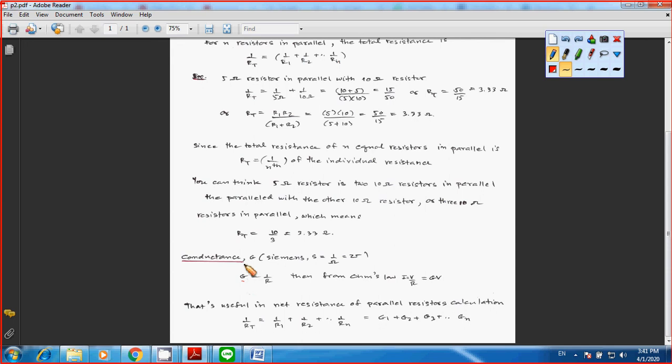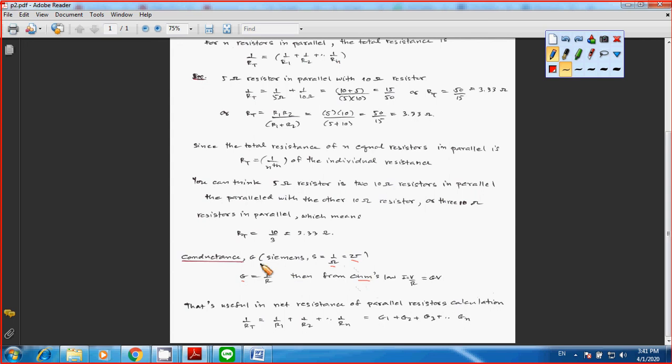They represent conductance by G, and the unit is the Siemens, which is 1 over ohms. Instead of 1 over ohms, we call the unit of G the mho, which is ohm spelled backward, M-H-O.